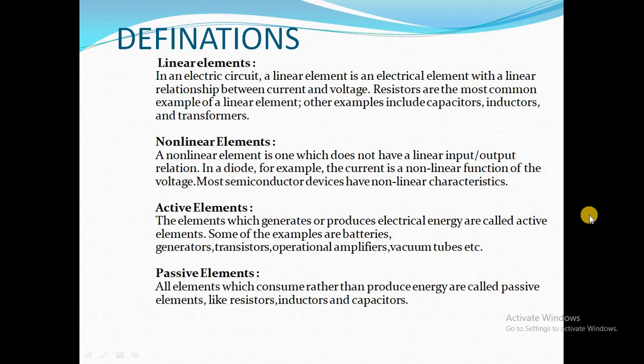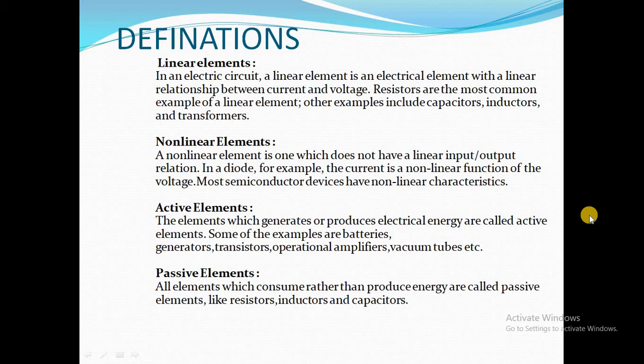Suppose you take a silicon diode or germanium diode, which you will learn in the EDC subject, which is going on parallelly. There you will understand that with two parameters, current and voltage, with voltage on the x-axis and current on the y-axis, when we increase the voltage, the current will not change proportionally to the voltage. That is called non-linearity. So the diode is the perfect example of a non-linear element.